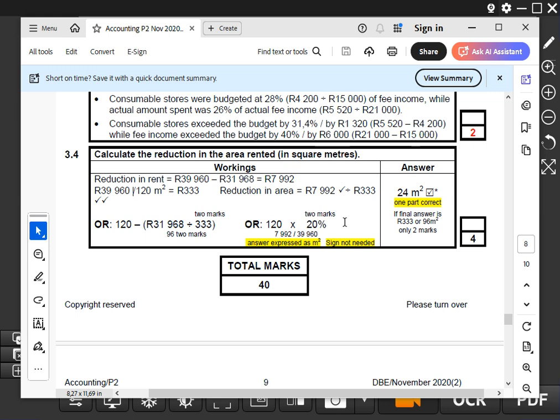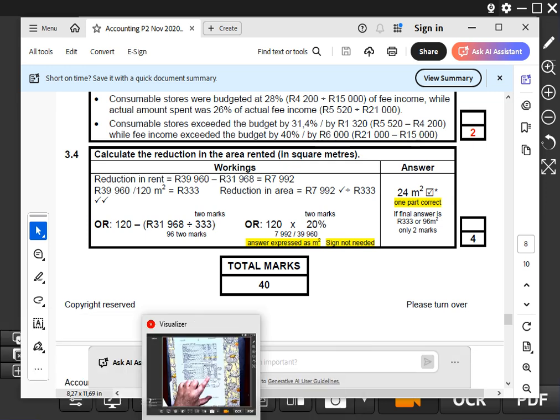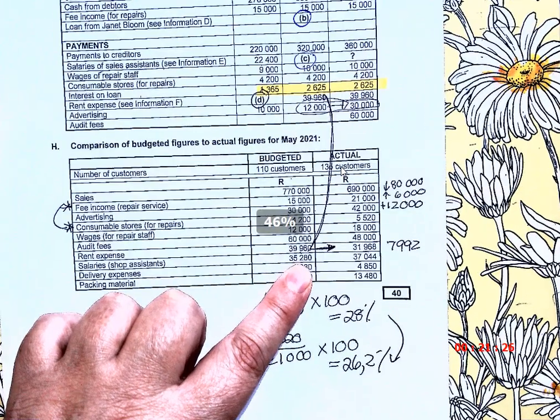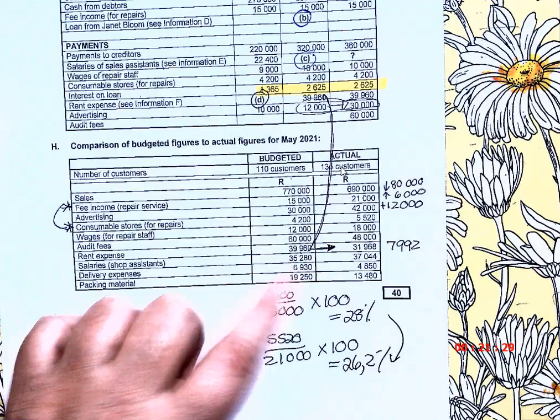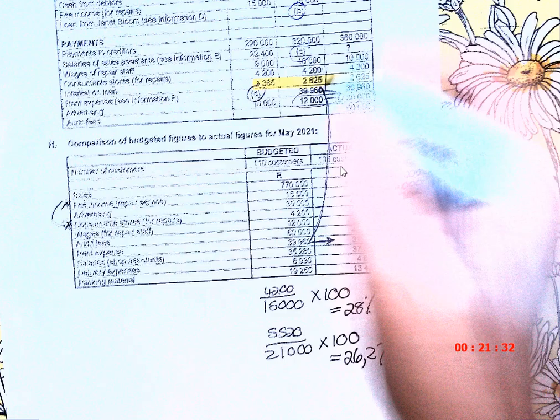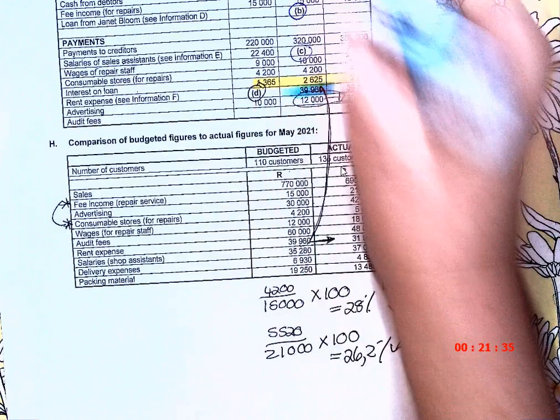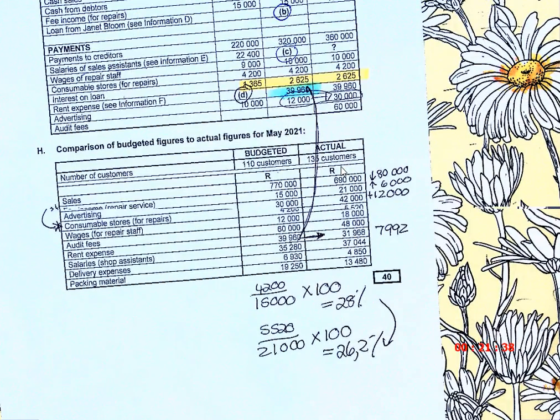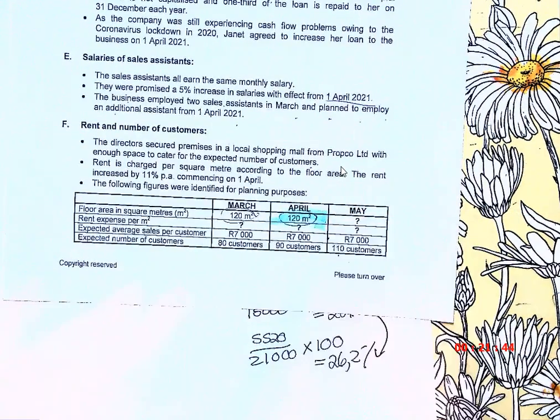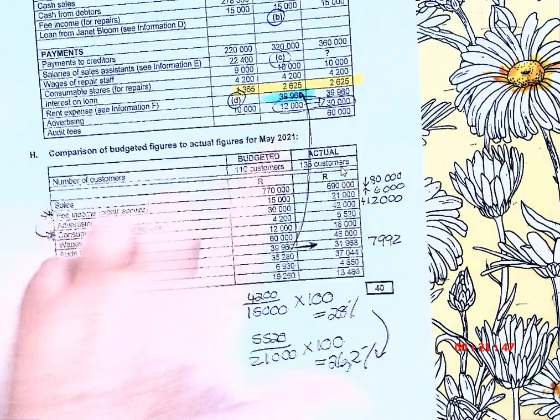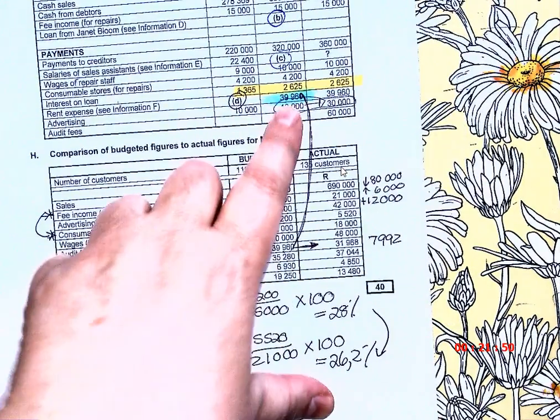Isn't it how much we paid in April, the 3996? Look at the information, we check to see. Can you see those two are the same? That's what threw me. It's not this one that they used. It's this one. They used that rent expense for April. And I knew that was 120 square meters because of the information they give me here. So that's why I took that one, not this one. Now it makes sense.